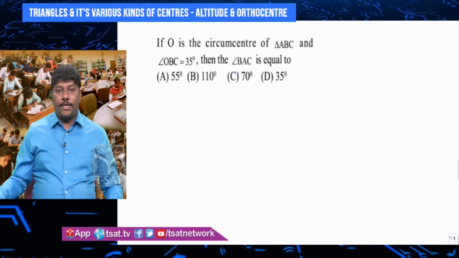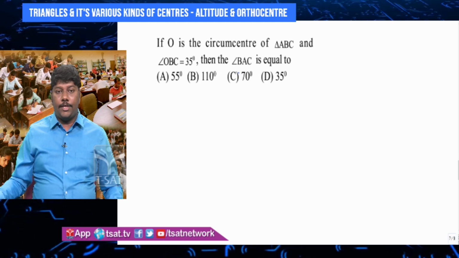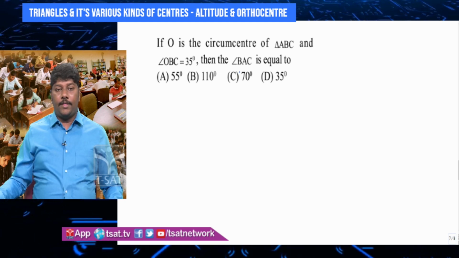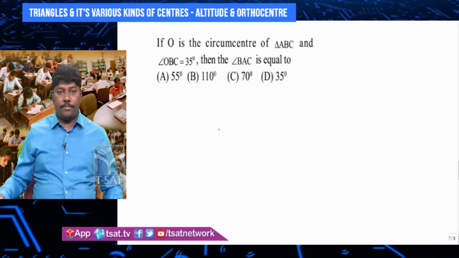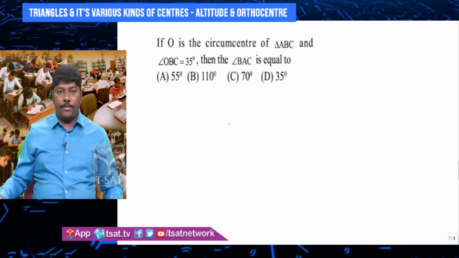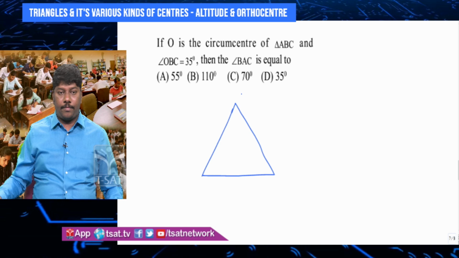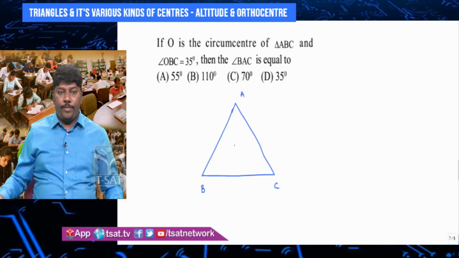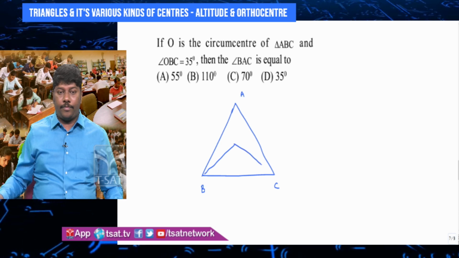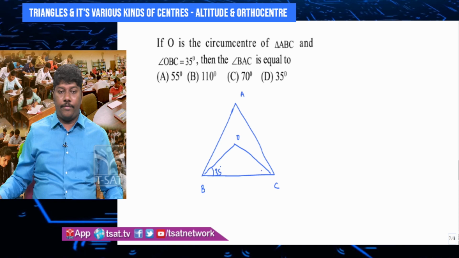If O is a circumcenter of triangle ABC and OBC is equal to 35 degrees, then the angle BAC is equal to... it's a circumcenter, O is a circumcenter. OBC, if it is 35, the opposite angle is also 35.